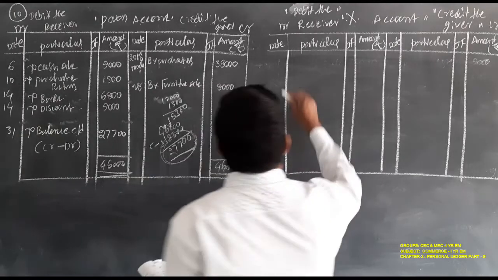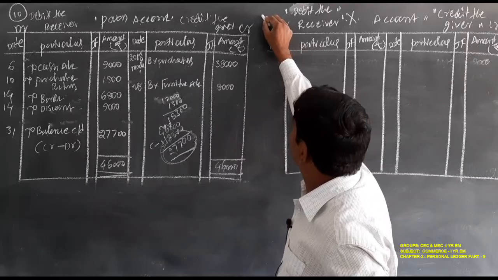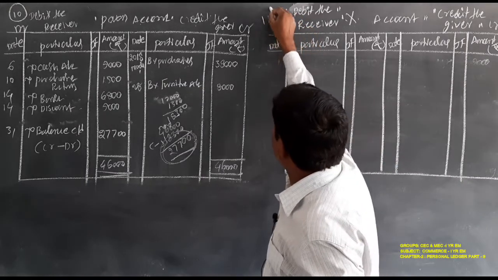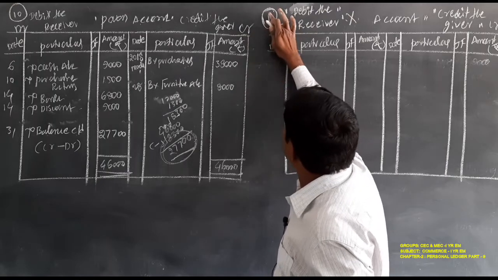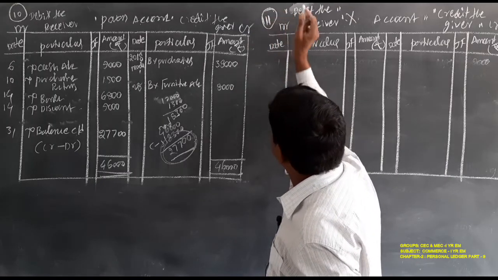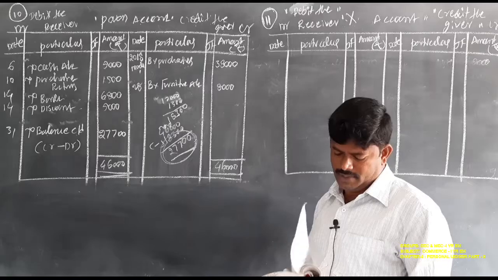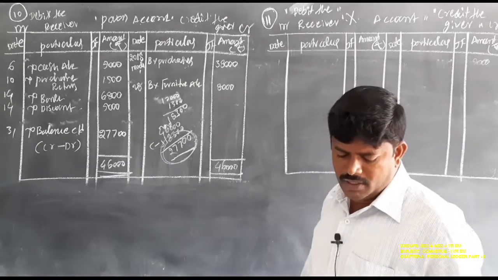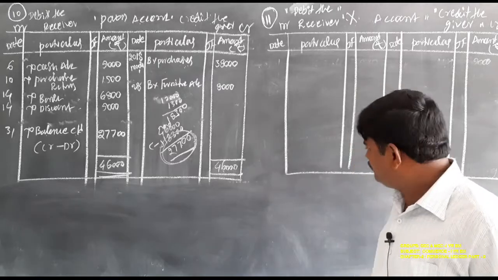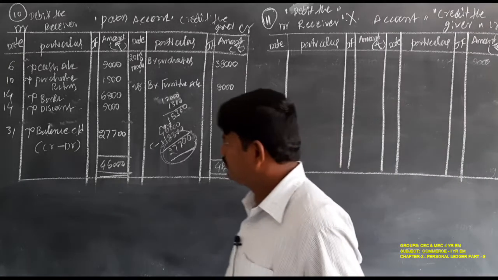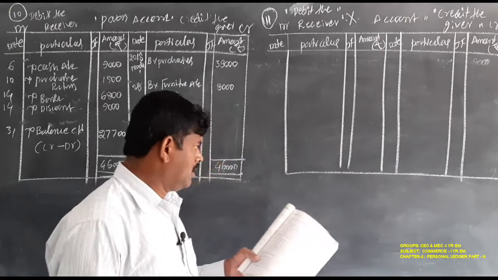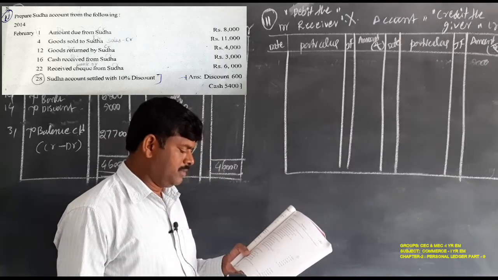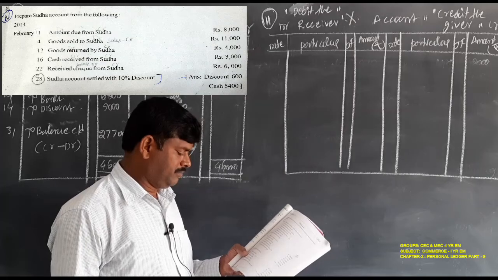Next, problem number 11. Problem number 11. Prepare Sudha account from the following. Amount due from Sudha, it is debit side.